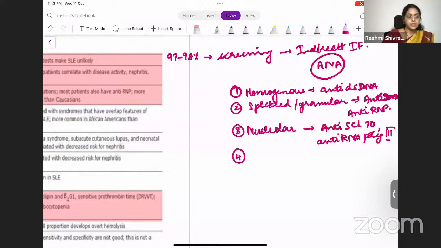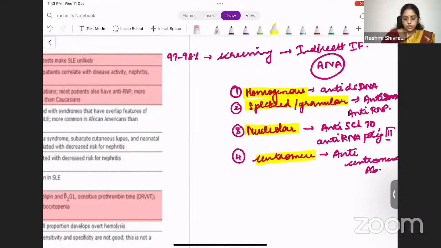What is the fourth pattern? Centromere. When it stains the centromere, it is anti-centromere antibody. So these are the few important patterns that you need to remember: homogeneous pattern, speckled or granular appearance, and when it stains the nucleolus and the centromere.